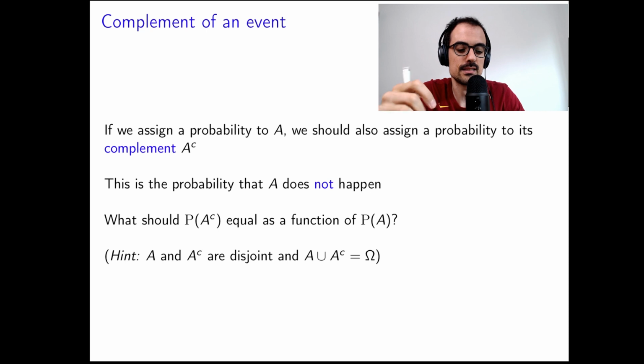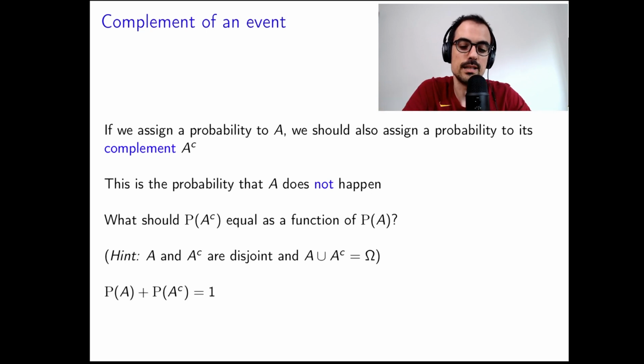And the solution is that if we look at the probability of the sample space, which is equal to 1, we can split it as a sum of the probabilities of these two disjoint events whose union builds up the sample space. So the sum of their probabilities has to add up to 1.